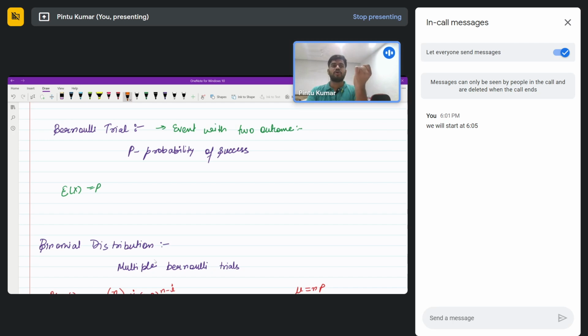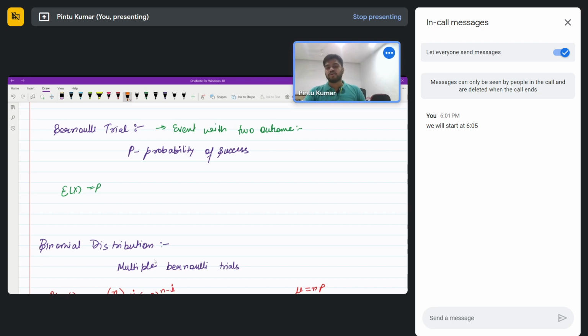Or if you talk about the event of raining on a particular day, either it can rain or it cannot rain. Another example is if you are playing a game, either you win or lose, if we ignore the possibility of a draw.